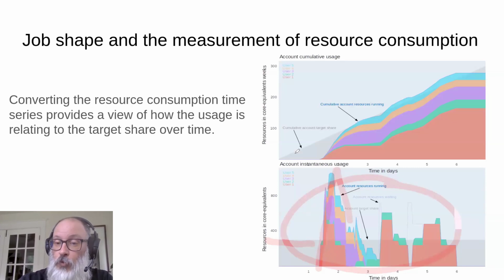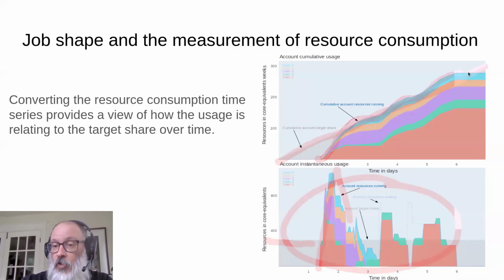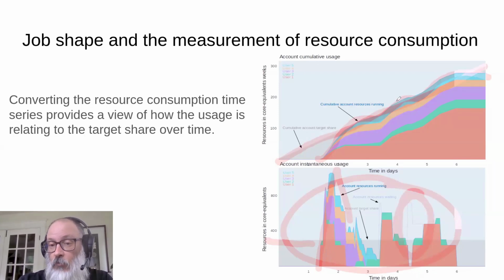If we compute the cumulative sum of the target share, we get this straight diagonal. And then if we compute the cumulative sum of the usage, we can see that it goes over the target, then it starts oscillating, and it's kind of keeping around it. That's why the scheduler was delaying these jobs, because at that time, the usage cumulatively was above the target share, and it needed to get back down before it could submit more.